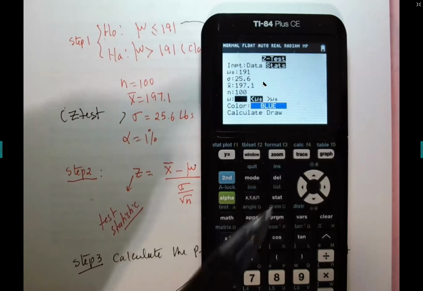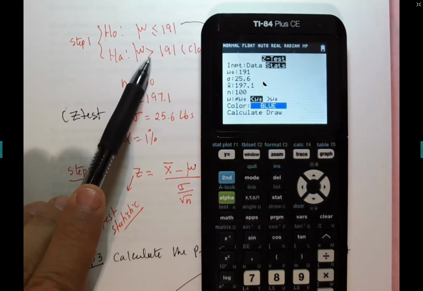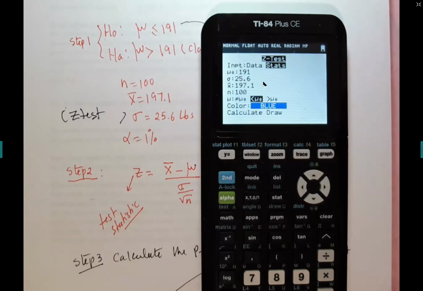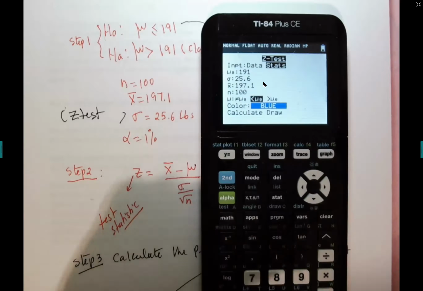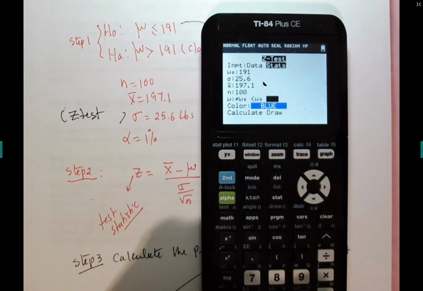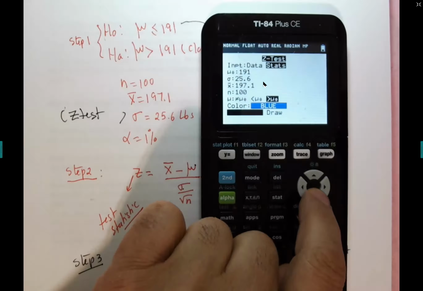And the sign from the alternative hypothesis, as you can see, guys, is bigger than, so you have to choose it. We don't care where the claim is, just choose the sign from the alternative and press enter. You better make sure that it is grayed in, guys, otherwise it won't be selected. And now hit calculate and watch. You're going to like this.